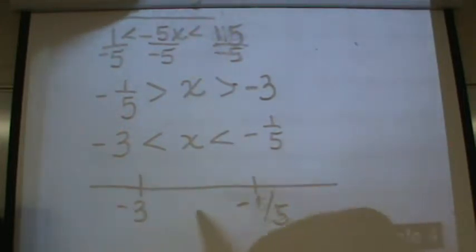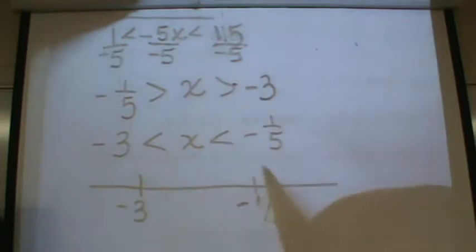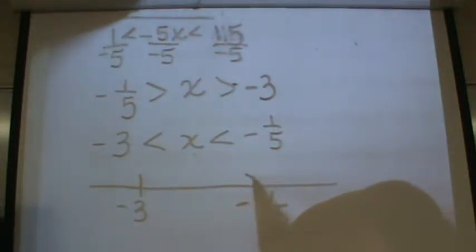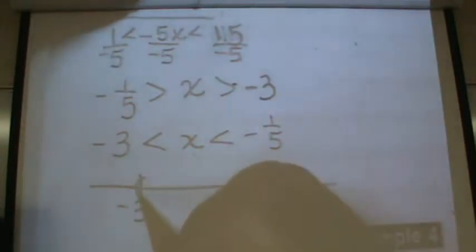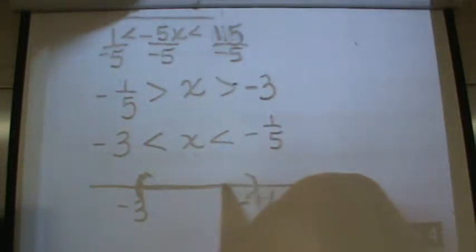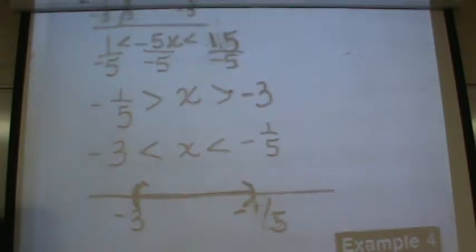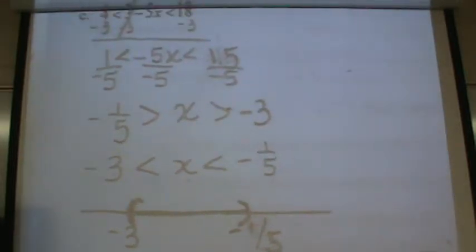Now, X is less than -1/5 and it's greater than -3. So it's actually between -3 and -1/5. Do you guys remember doing this stuff? All right, now this one.